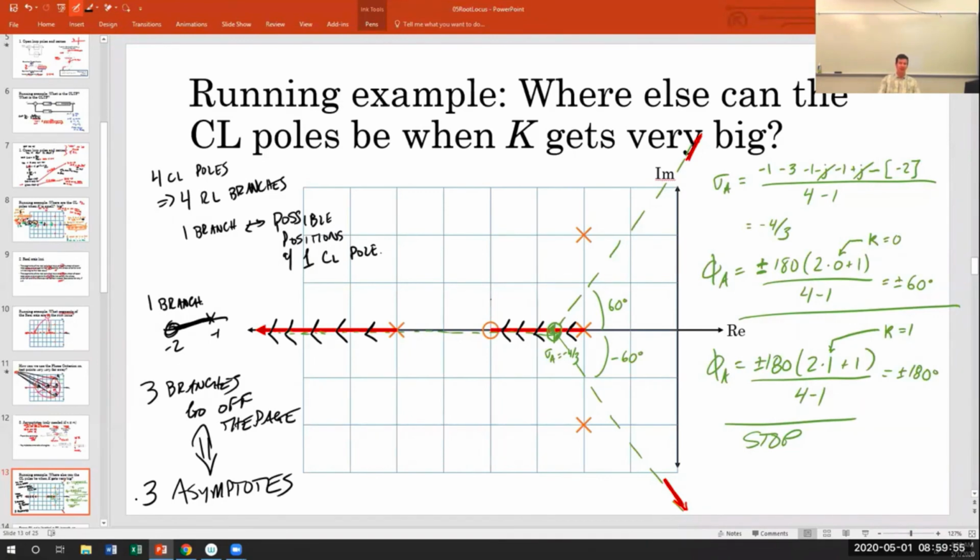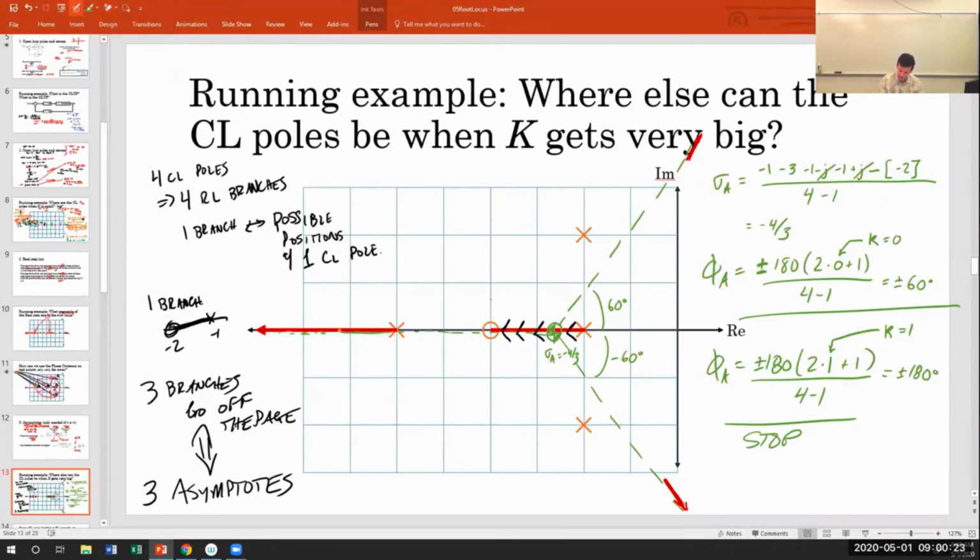They are not closed loop pole locations. They merely give us the slope or the angle and the root of where the branches will end up for large K.